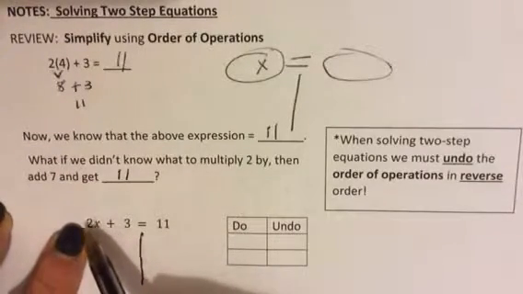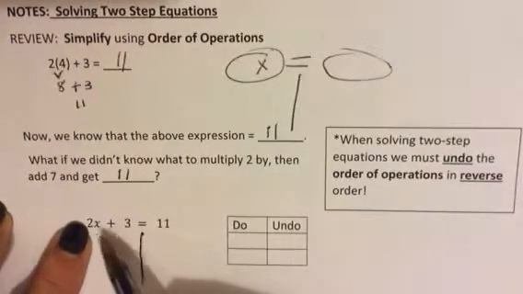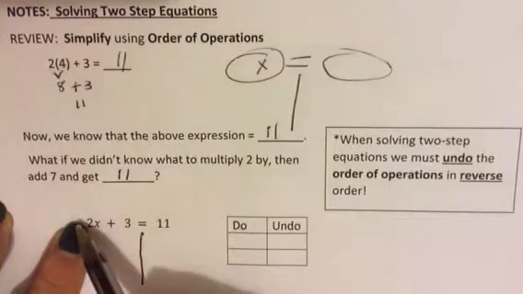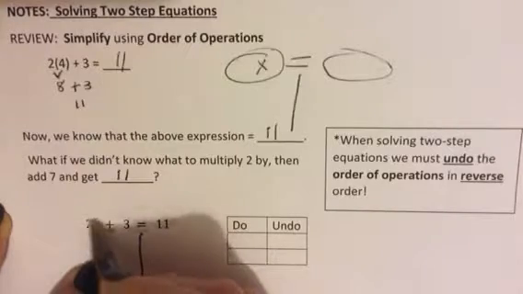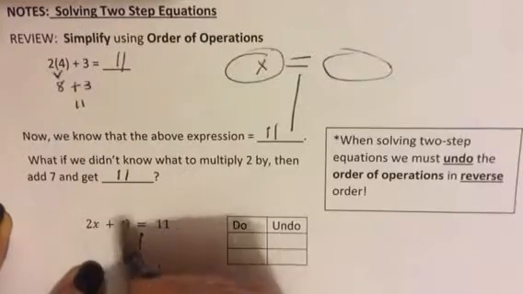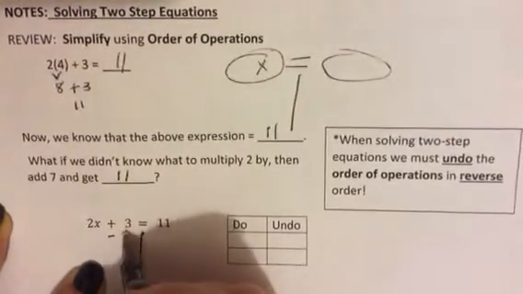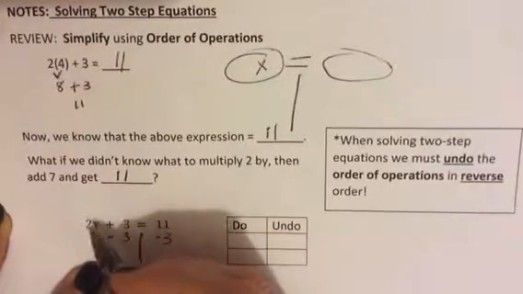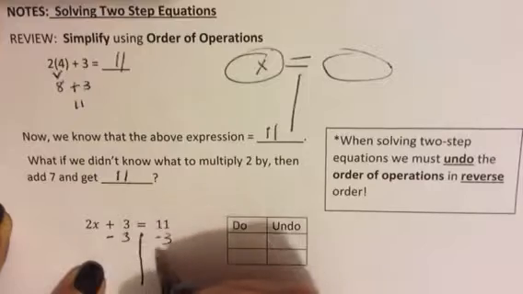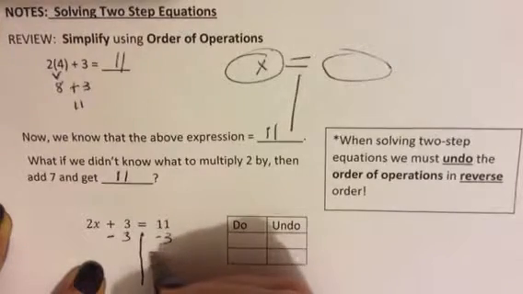And we don't multiply yet, we're going to undo the addition first so that we can figure out what we've multiplied 2 by to get 8. If I subtract 3 from both sides, that would be what I multiplied 2 by to get 8, because this will be 8 over here.